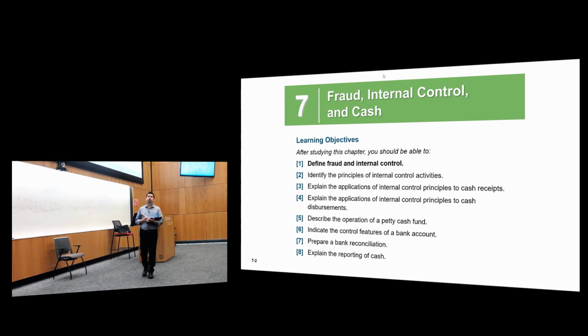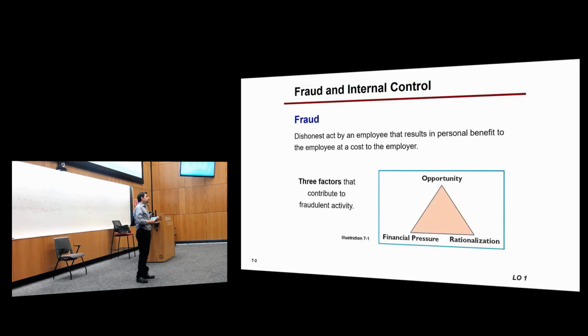Fraud is a very interesting topic. For fraud to occur, this is what we call the fraud triangle. There are three factors that are necessary for any fraud to occur.